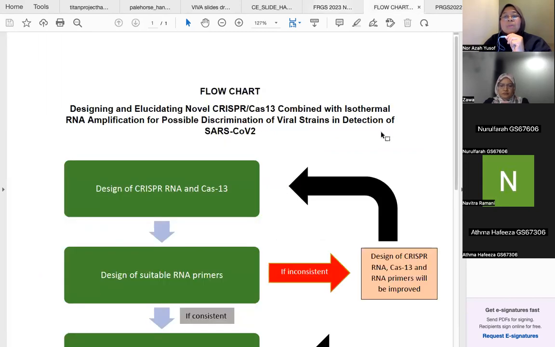The flow chart is another important thing that you can use in your proposal writing. I'm not going to impose this, but you can practice using it. It is one important element in proposal writing.